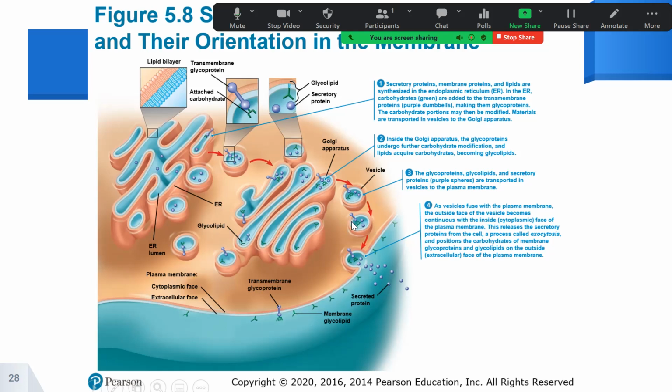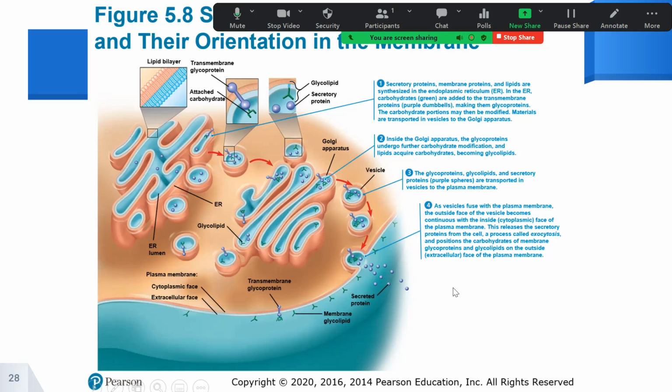And so whatever protein is embedded in that vesicle membrane is now going to be embedded in the membrane of the cell. And if it's a secretory protein that's going to be secreted out of the cell, then that would be inside the vesicle. And when the vesicle merges with the membrane, then the inside of the vesicle becomes outside of the cell, and then those proteins are released out of the cell.